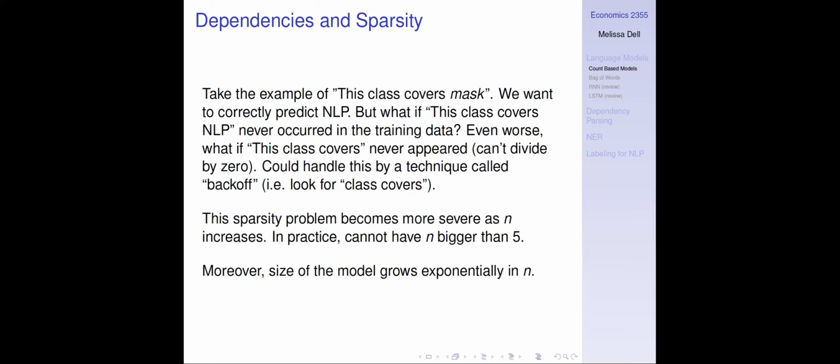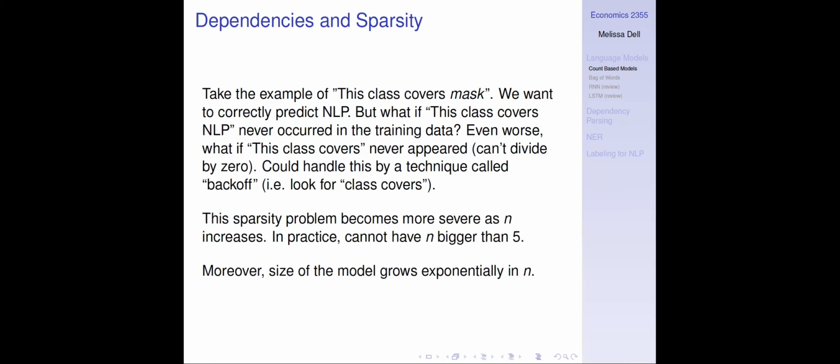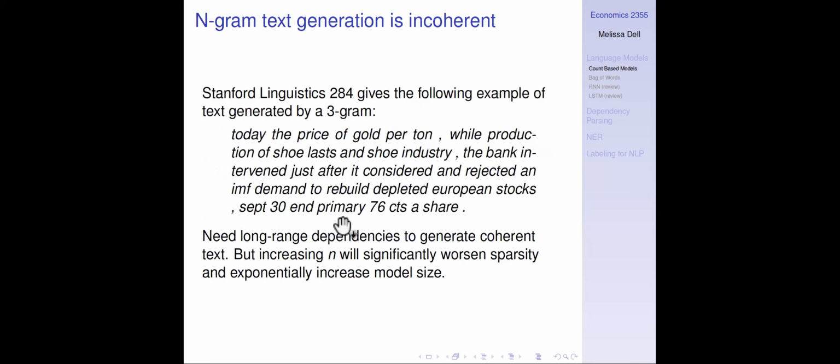You start running into major sparsity problems, and so you just cannot get these longer dependencies, like in the sentence in that middle bullet point, and that's a problem. The other reason you can't have larger n-grams is that the size of the model grows exponentially in n, and so you just can't save all those n-grams and compute the model.